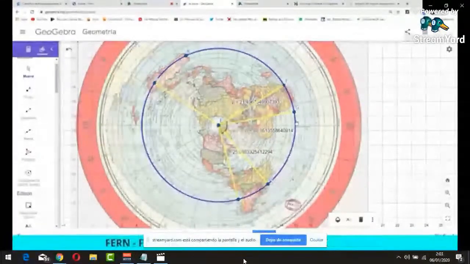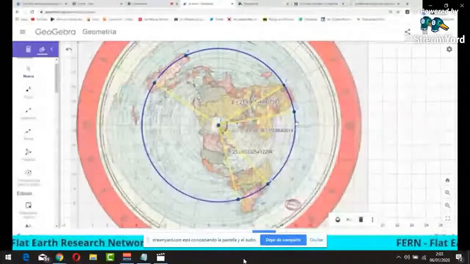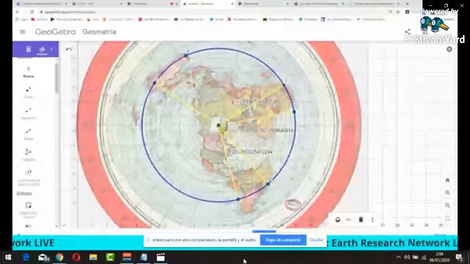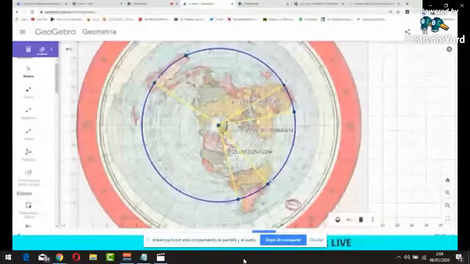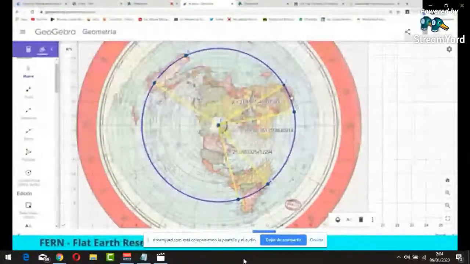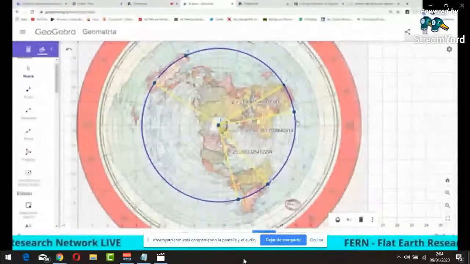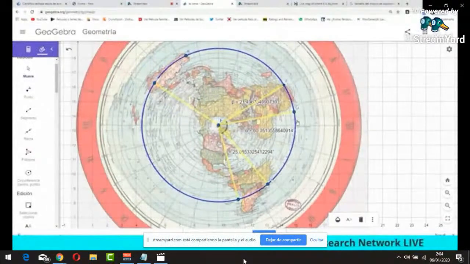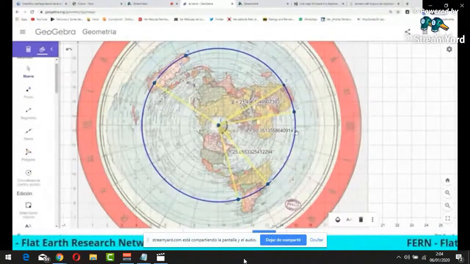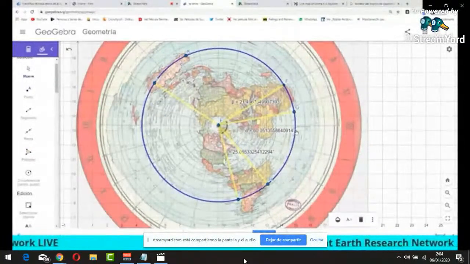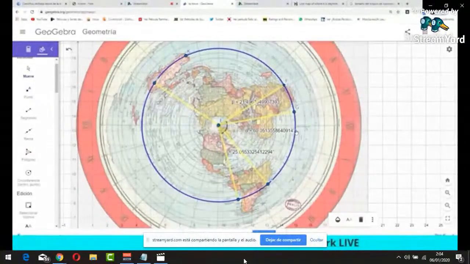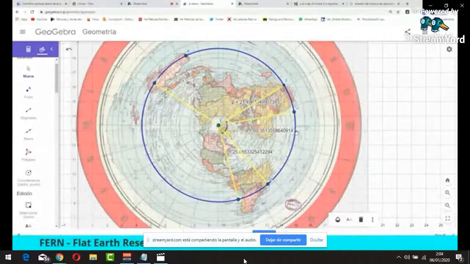So the information of the path of the sun shows the earth is flat, because this matches with a flat earth. It's new evidence that probably we are on the right path.